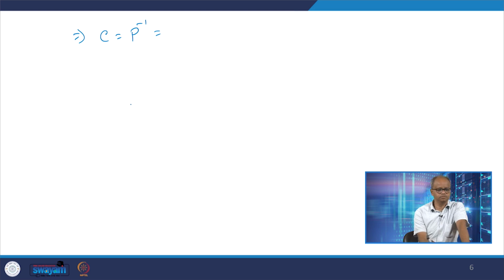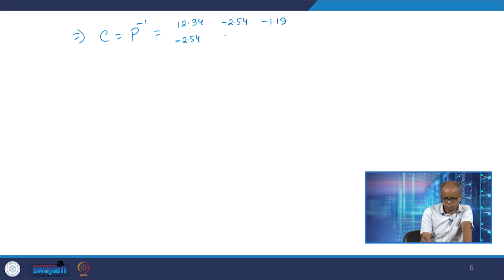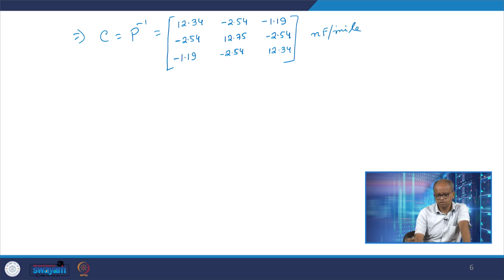If I do the inverse by using some computer code, it turns out to be 12.34, minus 2.504, minus 1.19, minus 2.54, 12.75, minus 2.54, minus 1.19, minus, 12.34. This is nanofarad per mile.